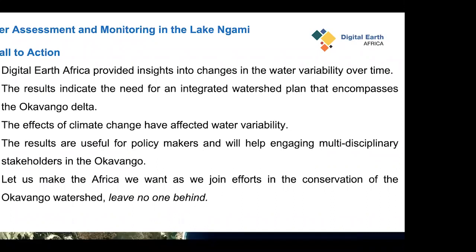And once we're able to do that, the great thing is not only are we going to preserve our natural resources, but we would also be able to save lives, increase our economy and save money. So with this, we try to leave no one behind, and with Earth observation data, you'll be able to implement this.